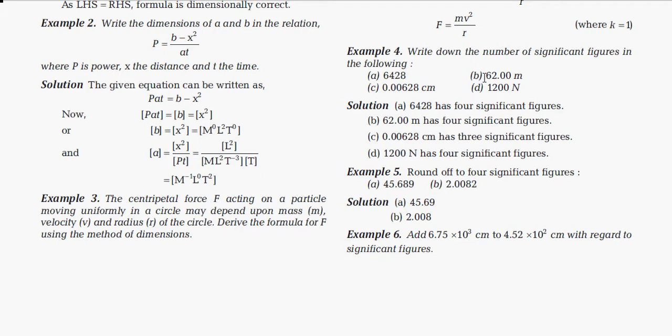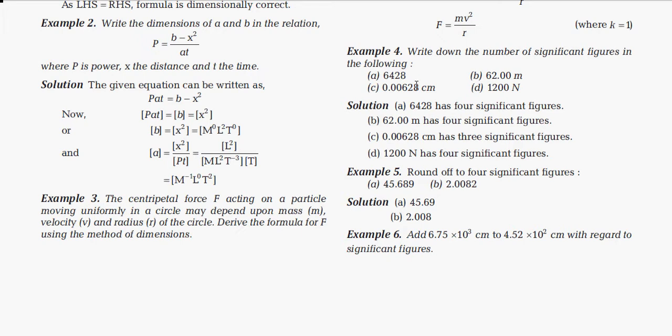The zeros on the right side, whatever comes, will be counted. But whenever the zeros on the left side are not preceded by a number greater than 0, they will not be counted as significant figures. I mean, like, the remaining 2 zeros will not be counted as significant figures. So here 628 will be counted as significant figures.